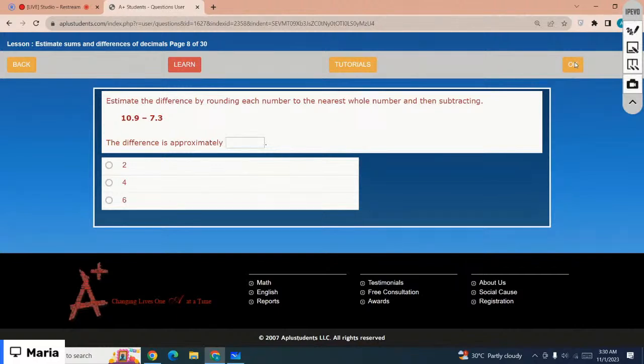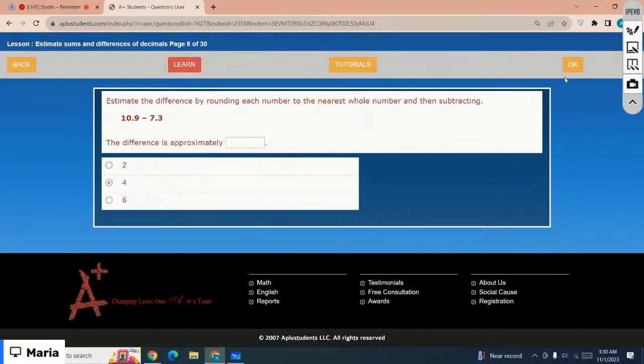Okay, the next one is 10.9 minus 7.3. So which is the correct option? The correct option is, yes, that is 4, right?